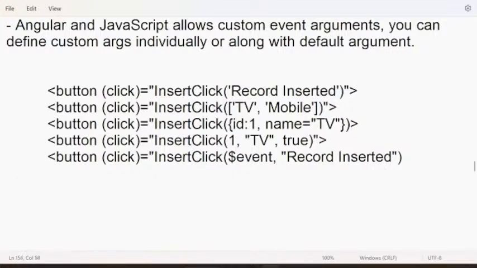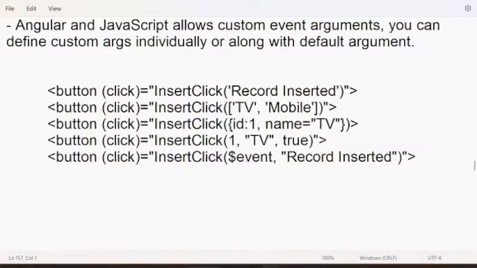That means you are passing here the default argument as well as custom. It can be one, it can be multiple, it can be any type. So it's not like you need to use only default arguments. We can pass any custom argument. Already I showed you.